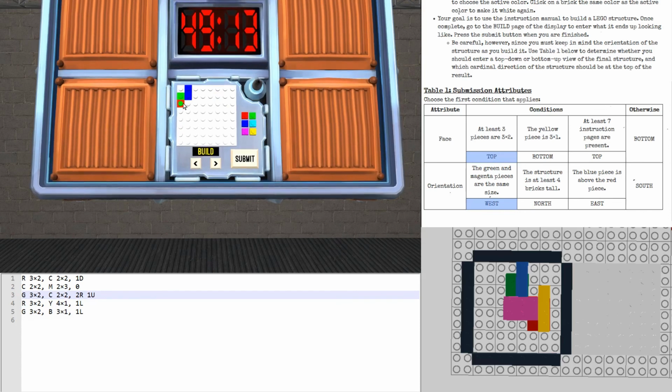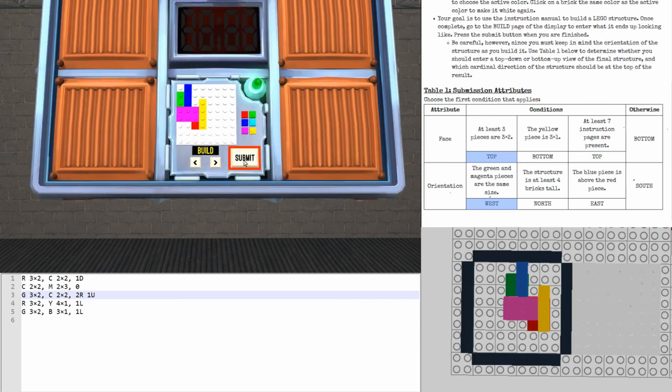Then you have another green, blue, blank, yellow. Next line, 3 magenta and a yellow. Blank, next line, 3 magenta and a yellow. Next line, blank, blank, red, yellow. And correct. If you got the solution, congratulations.